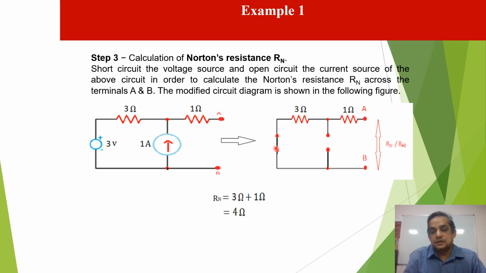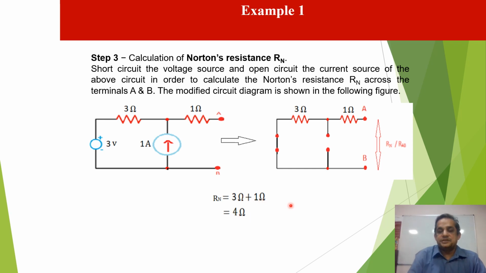Now this circuit is converted into this circuit. The voltage source is shorted and the current source is open. So from terminals A and B, we see 1 ohm and 3 ohm in series. So the value of Norton resistance is 3 plus 1, both in series. So 3 ohm plus 1 ohm is equal to 4 ohm.